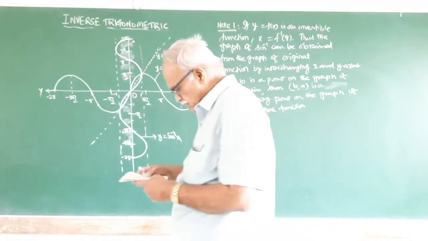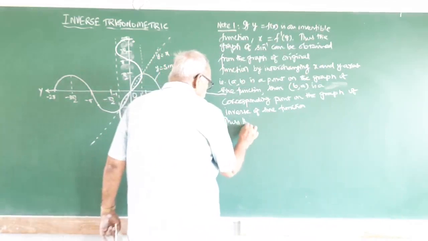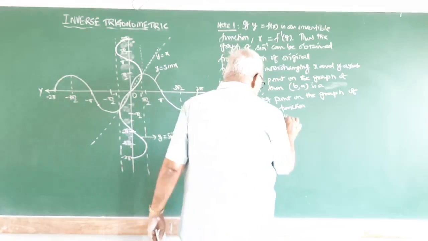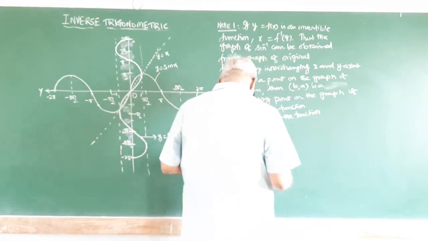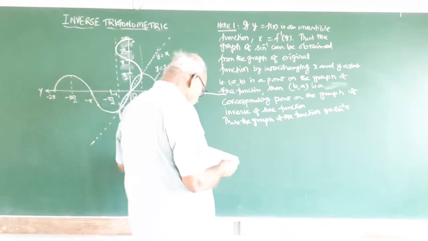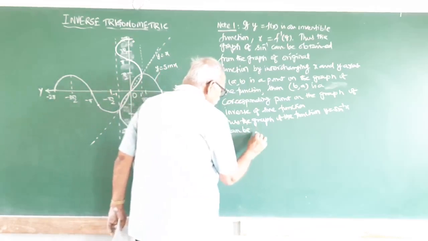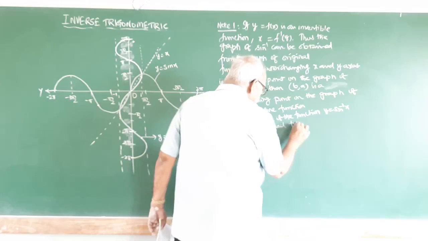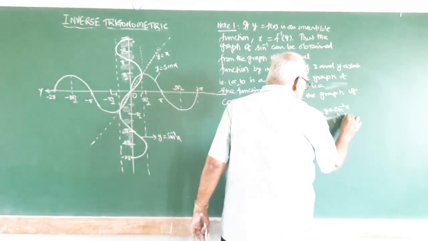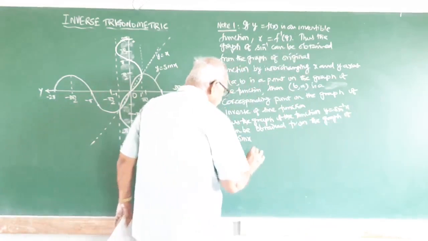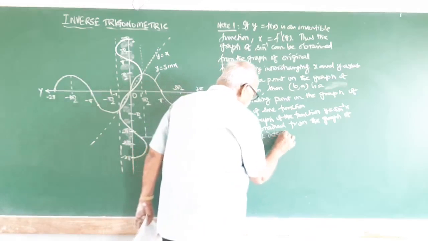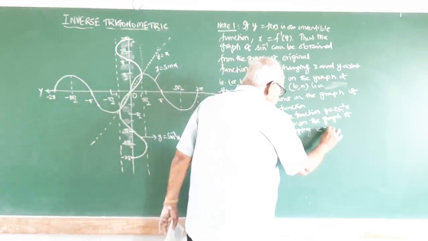Next, thus the graph of the function y is equal to sine inverse of x can be obtained from the graph of y is equal to sine x by interchanging the x and y axes.